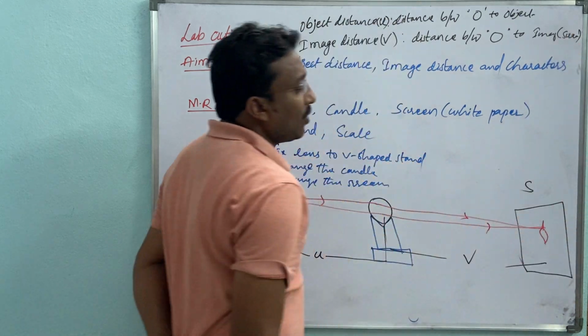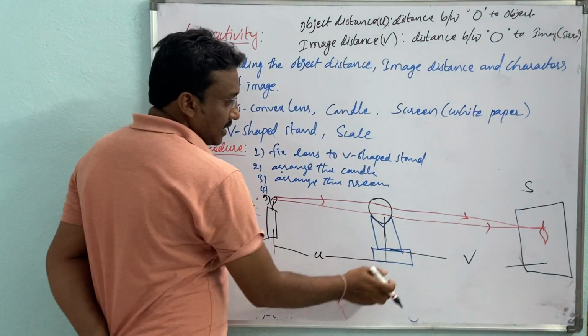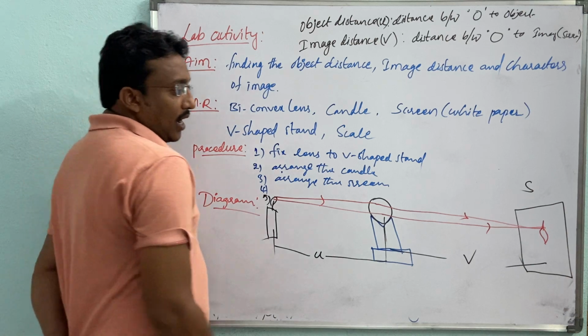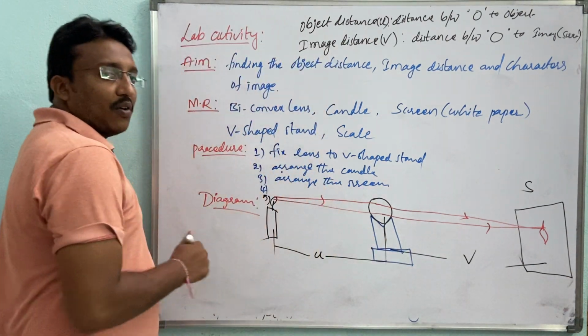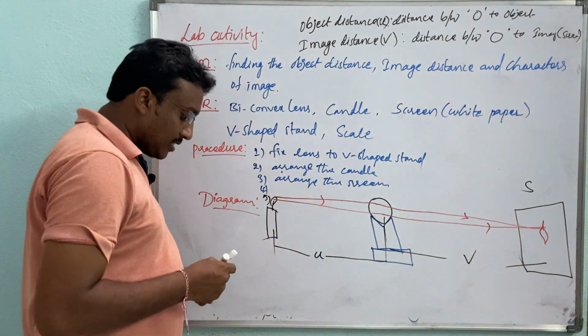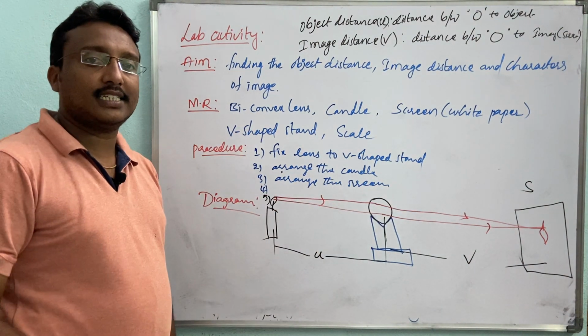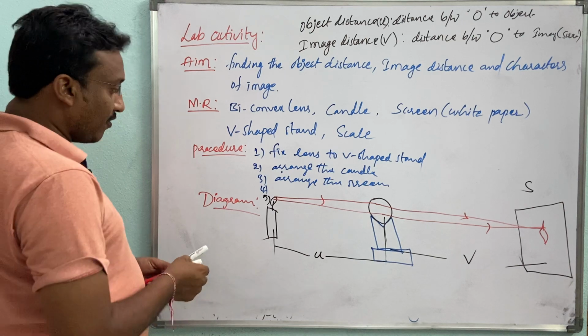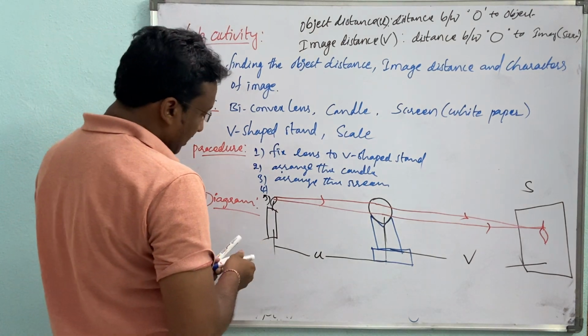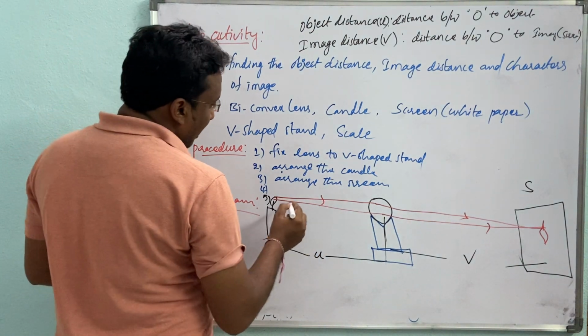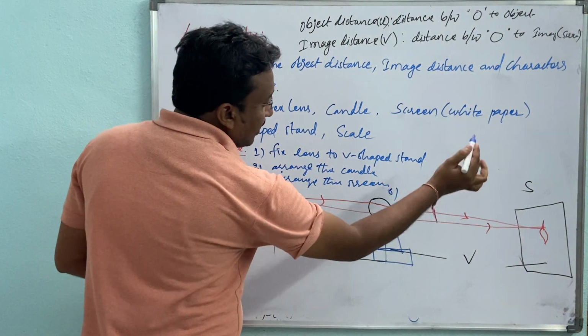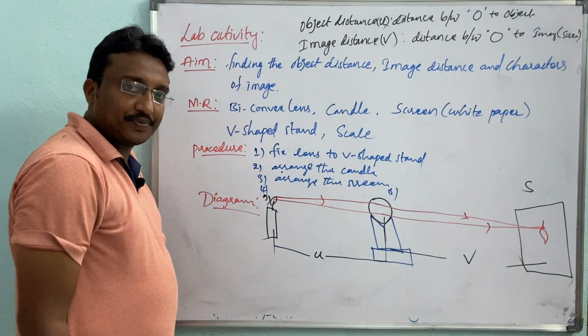The image is formed on the screen, no? So this distance is considered as u and this distance is considered as v. This is the diagram. Fifth point is measure the distances, and the sixth point is repeat the activity with different distances.